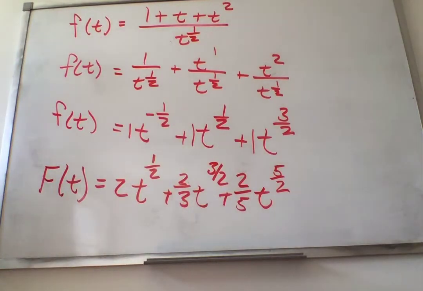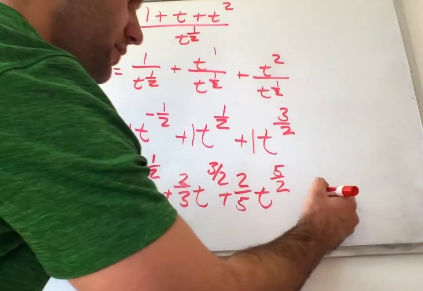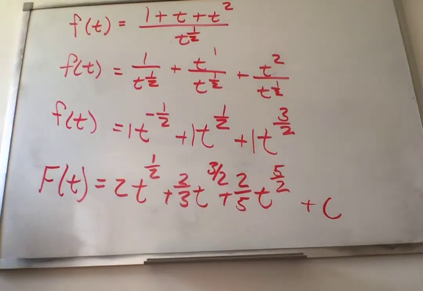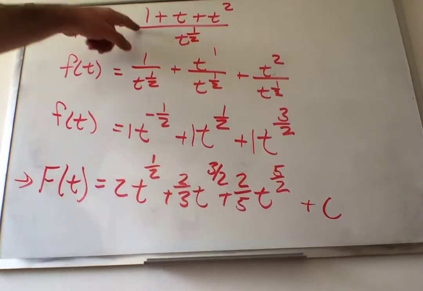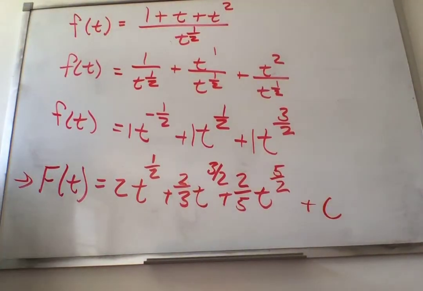It's another way of thinking about it. So I'm not done here. Plus c. So right here is the antiderivative of this little f of t. We used the power rule by simplifying this function, getting it out of the form of a long quotient.